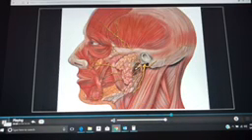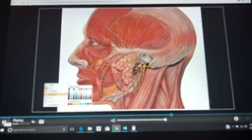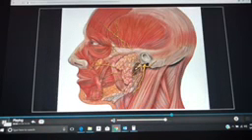You have the black arrow, which is the temporal branch. Remember, there are 5 branches that I'm going to emphasize. You have one back here, but I'm not going to talk about that one. Don't worry about that. Temporal branch, right?